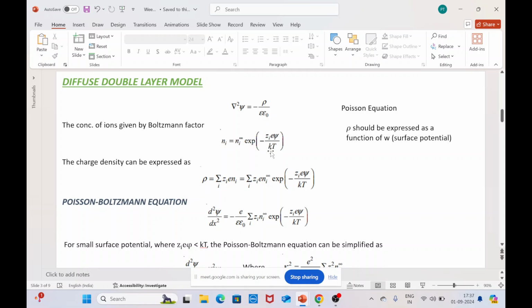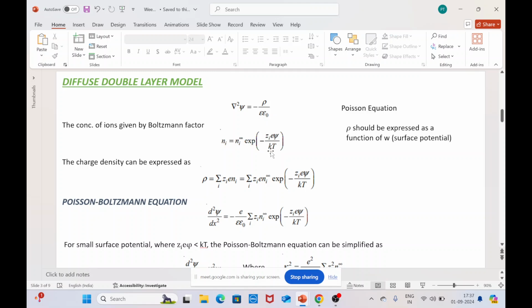Your E is the charge of an electron, because that +2 and -2 cannot be expressed just as +2 and -2. They have to be converted into that many coulombs, so for that we multiply with the electron charge. Then you have your psi, that is the potential, divided by kBT.